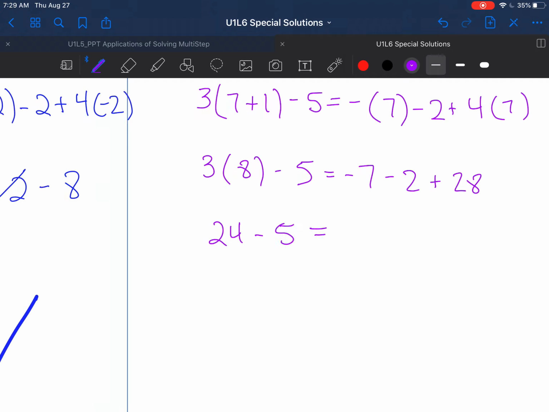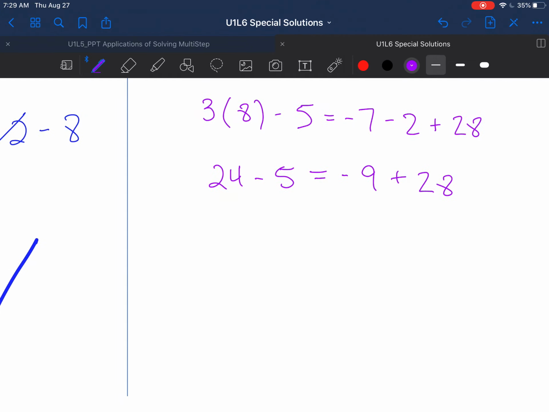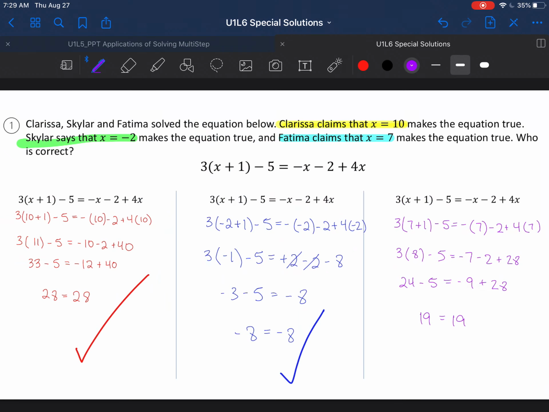Back on the other side, negative 7 and negative 2 make negative 9 plus 28. 24 minus 5 gives us 19, and negative 9 plus 28 also gives us 19. So when we substitute x equals 7 in the equation, Fatima is also correct.